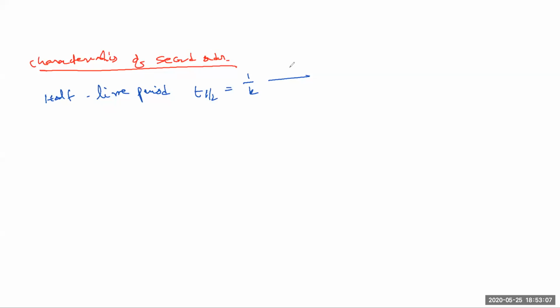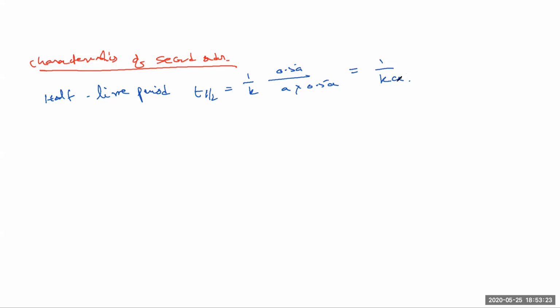So 0.5 A divided by A into 0.5 A. That is, the 0.5 cancels, and it becomes 1 by Ka only.